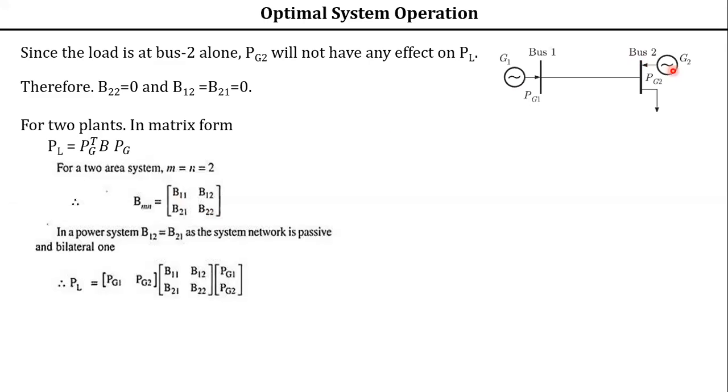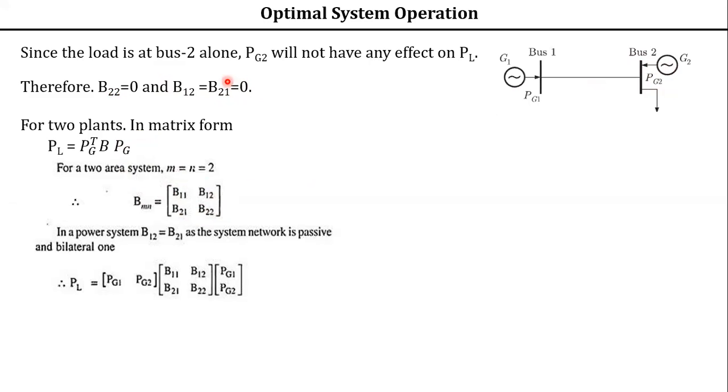Because G2 will not contribute to any transmission loss, whatever coefficient is connected to bus 2 will be 0. You see, B22, B12 and B21 are equal to 0. Hope you understood why we have taken B22, B12, B21 as 0: because it is locally connected.